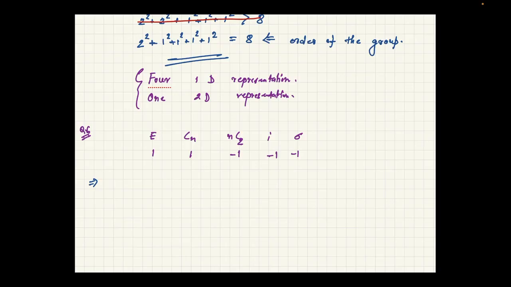So it is A or B. Then C2 being 1 means A, in C2 -1 means A2, I is -1 means A2U, sigma h is -1 means A2U double prime. Okay, so the answer will be A2U double prime.